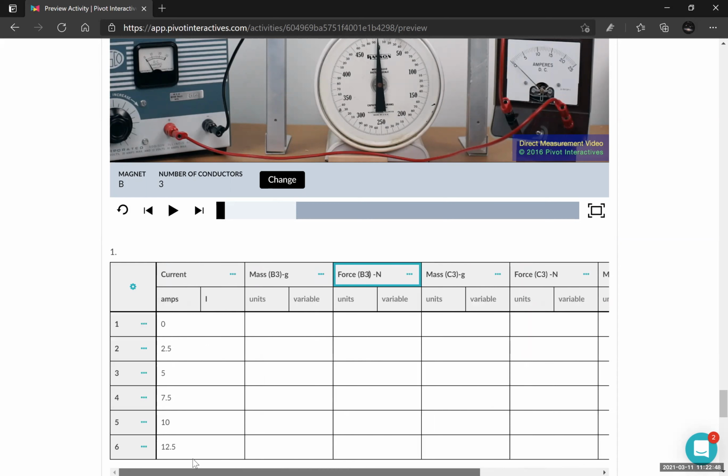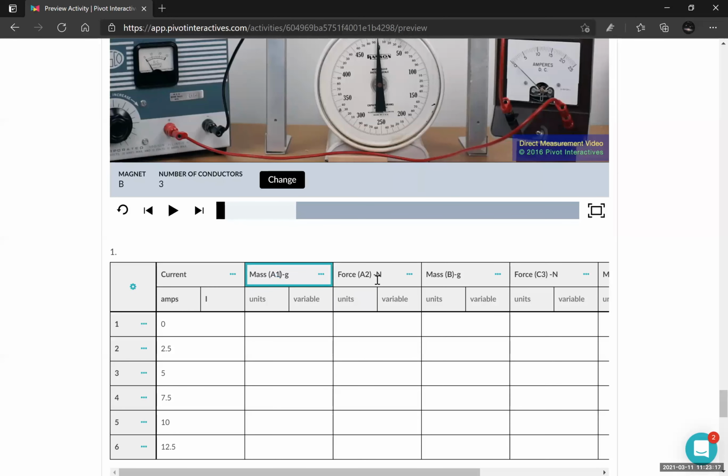But I'm actually going to show you an experiment for A. So for me, this is going to be, let's say, A2, for example. I'm going to do A2, and then B2. Right, so let me do this. I'm going to use number of conductors 1.